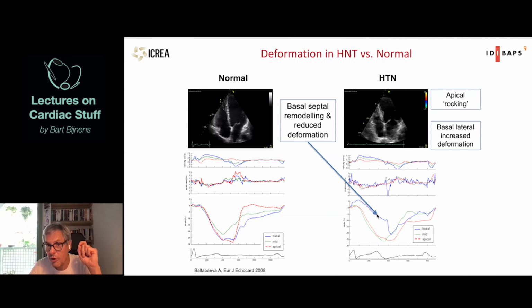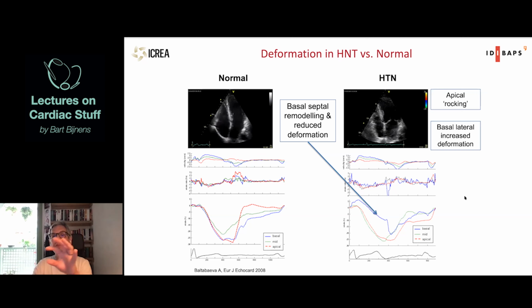Later on, it can overcome a little bit and have some systolic deformation, but because there is less systolic deformation compared to neighboring segments, you start to get a whole bunch of post-systolic deformation.